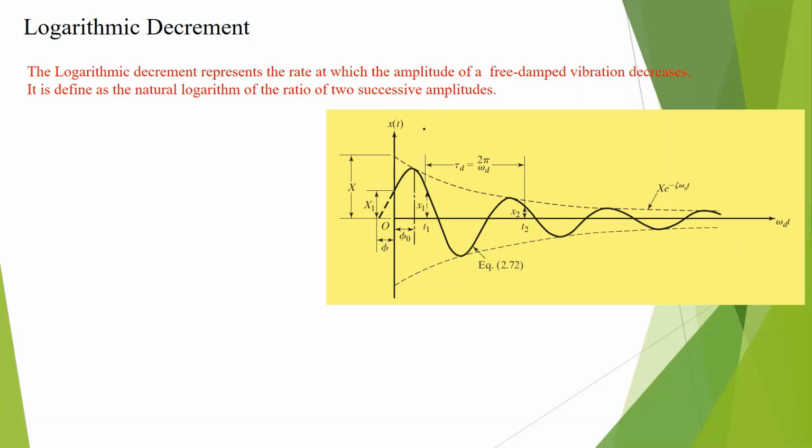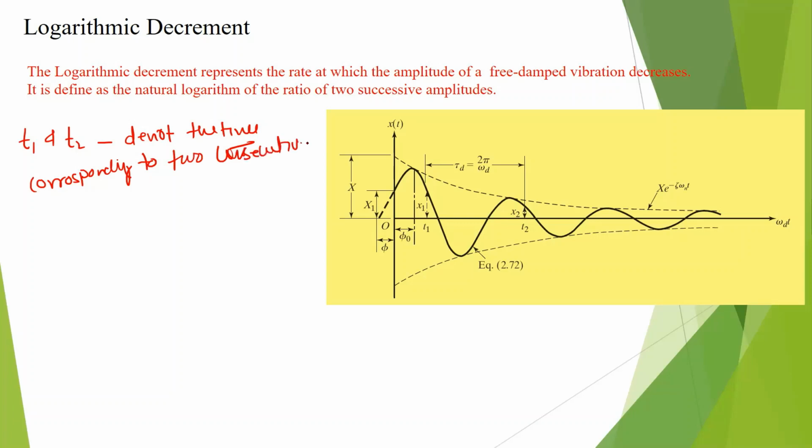So in this figure, we can say this is the response of an underdamped system. Let t1 and t2 denote the times corresponding to two consecutive amplitudes x1 and x2.